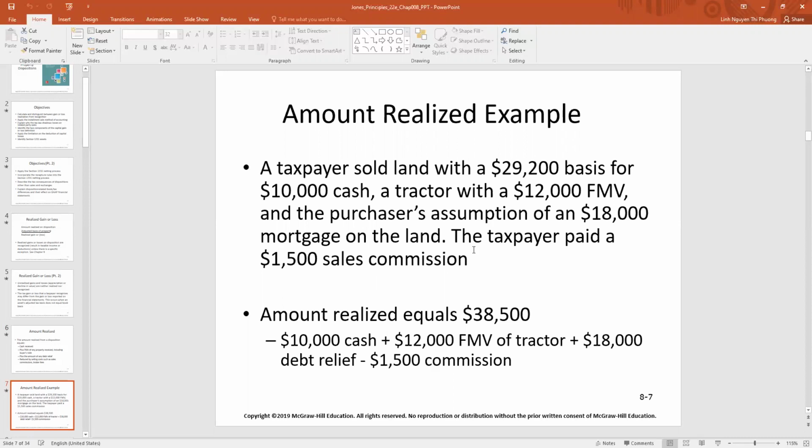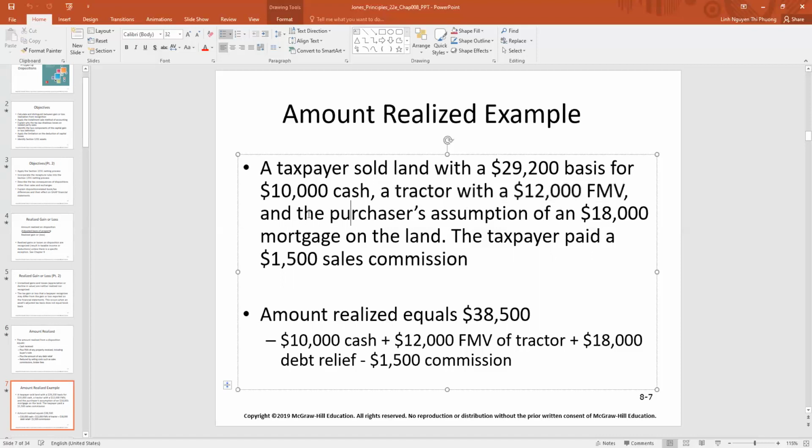Do you remember we just talked about the amount realized equaling the cash received? We sold the land and we received 10,000 cash, so the amount realized should include 10,000 cash. We also receive a property, that is a tractor, and the property has a fair market value of 12,000, so we will include that in our amount realized.